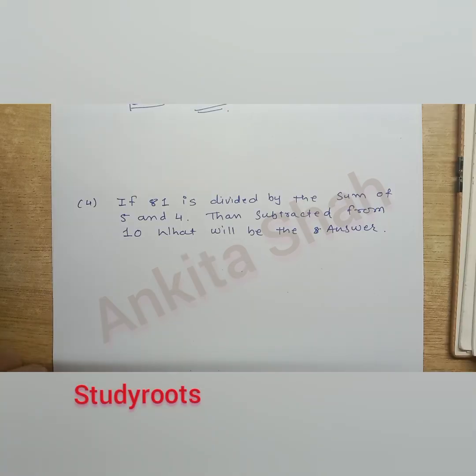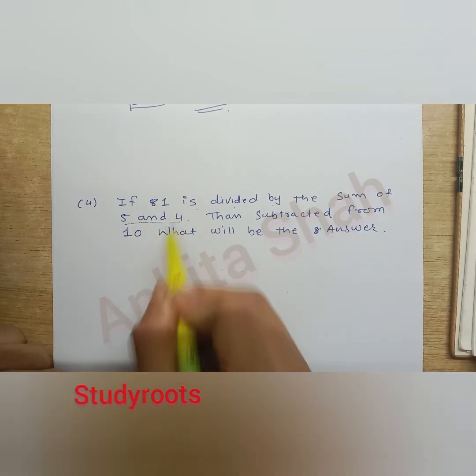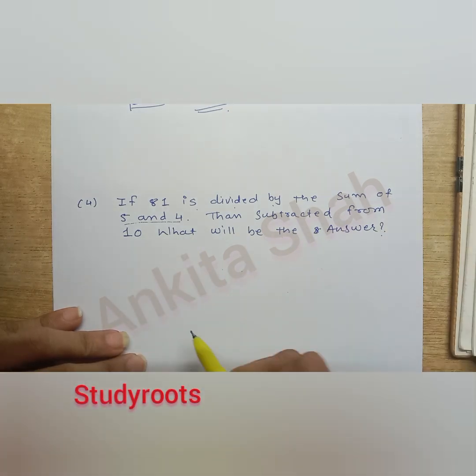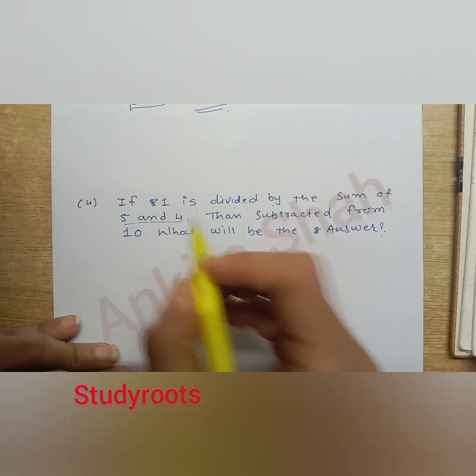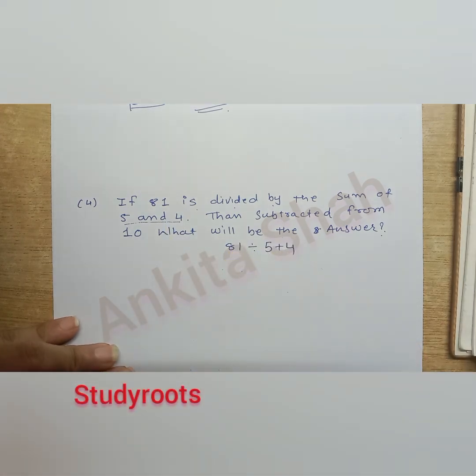Now the fourth one, that is a word problem, and from the word problem we have to make the equation. The word problem says: if 81 is divided by the sum of 5 and 4 and then subtracted from 10, what will be the answer? Here the kids make the mistake of writing 81 divided by 5 plus 4 subtracted from 10, but this is a completely wrong equation.